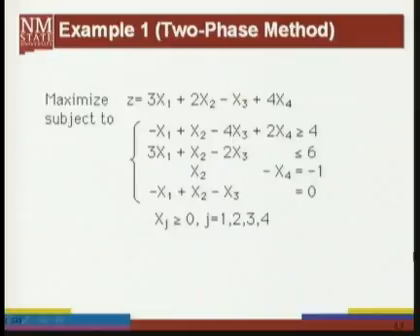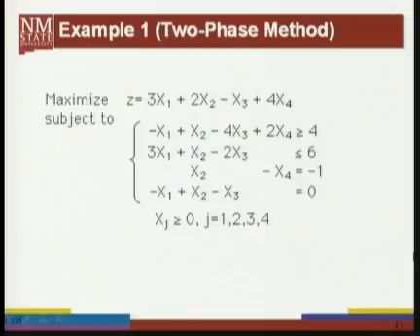So first, we need to modify the third constraint because it has a negative value on the right-hand side, right? And we need to add slack and subtract surplus variables to convert inequalities to equations, right?